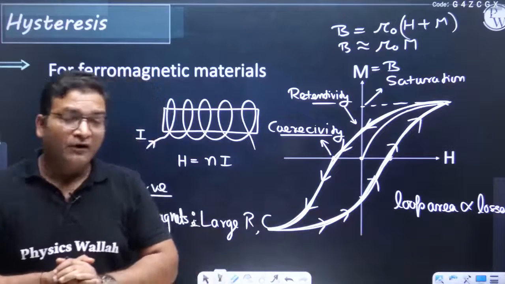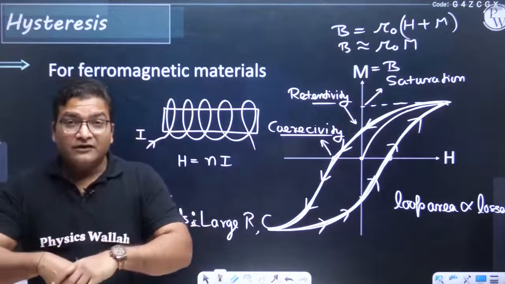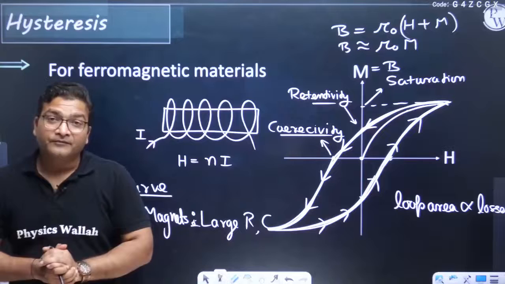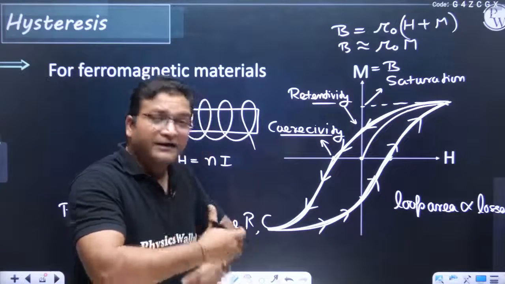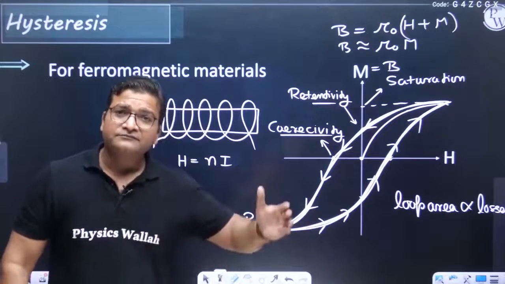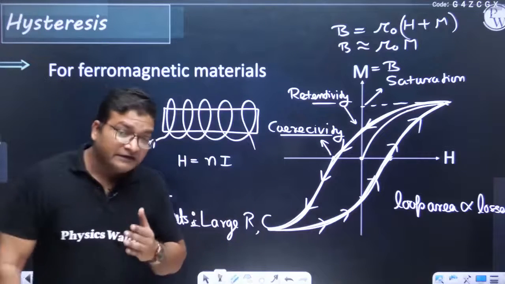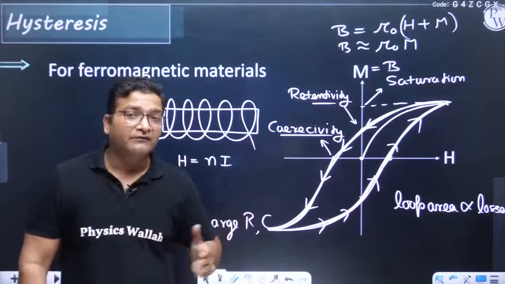But suppose we want to make electromagnets, the core of a transformer, or the core of a generator, where variable currents flow and keep on varying forever. Then the material inside will keep on magnetizing and demagnetizing forever.